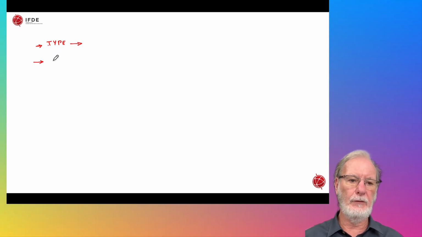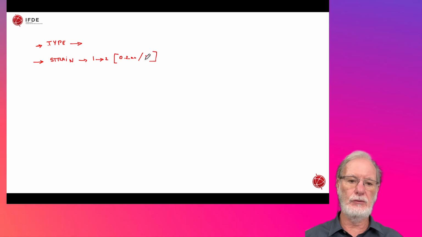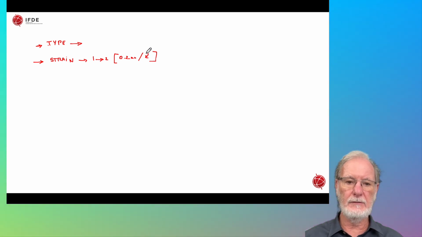You will have also the amount of strain, meaning how much you will deform the aligner between stages, from stage 1 to 2. How much? We usually always use, like 0.2 millimeters of translation and maybe 2 degrees of rotation. But that's an average. You should be able to, in some cases, decide what you want to do.